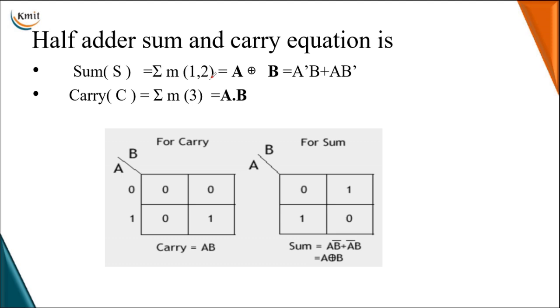So sigma m of 1, 2 is equal to A exclusive OR of B, which is equal to A bar B plus A B bar, whereas for carry only one minterm is available, and in a two variable K-map that gives AB. Now we map the function of carry along with the summation using a two variable K-map.